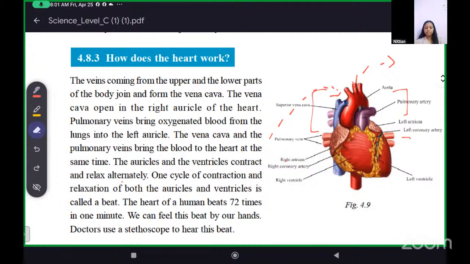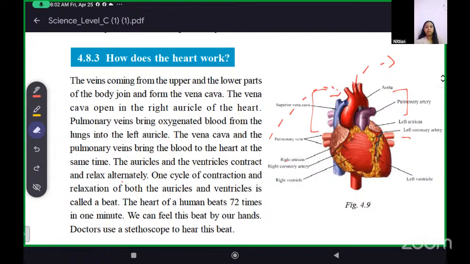The auricles and the ventricles contract and relax alternately. When the contraction and relaxation takes place, the blood moves forward, pushed to the next chamber, and the valve shuts.